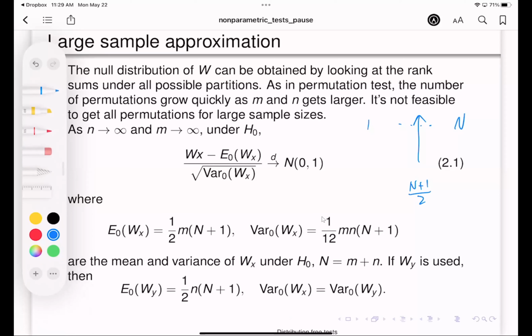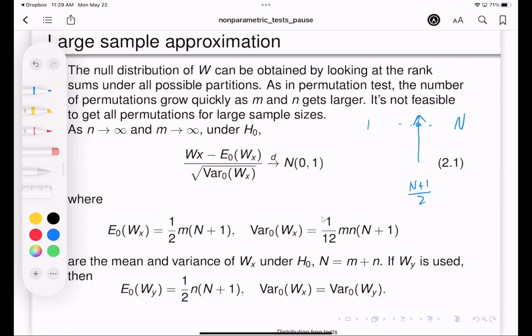For each observation, the average rank is (N plus 1)/2, and there are m observations in the first sample. So the sum of ranks in the first sample would be half of m times (N plus 1). And the variance in this case is equal to m times n times (N plus 1)/12.